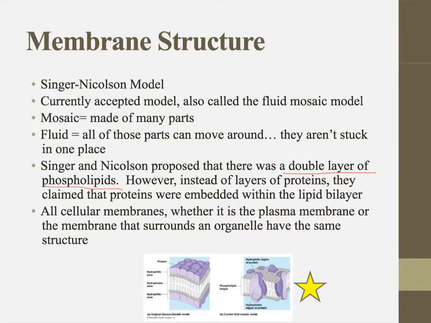However, instead of the layers of proteins like in the Davson-Danielli model, they thought that the proteins were embedded within the lipid bilayer. Okay, so these proteins, we can have different amounts of them in different cell membranes. We can have different types, and these proteins can actually move from spot to spot to spot. Okay, so what allows for all of those other irregularities that we were seeing with the electron microscopy.